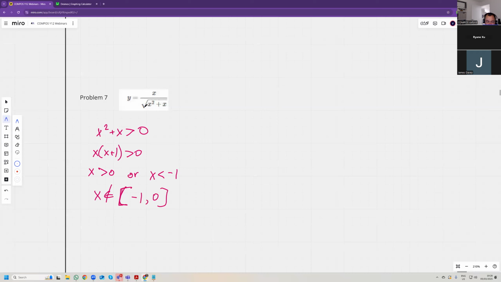Okay, then we have an asymptote. We surely have an asymptote because we can take the limit of f as x tends to infinity. We can take x out and we get the square root of 1 minus 1 over x, and that becomes 1. So y equals 1 is an asymptote.